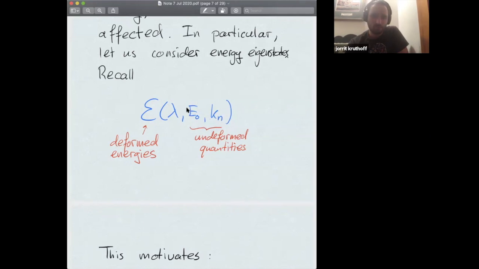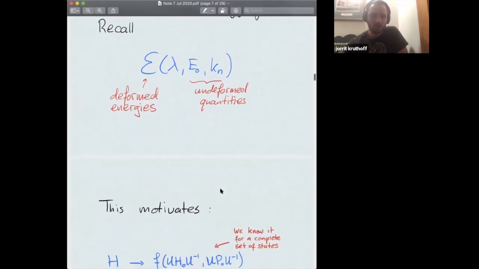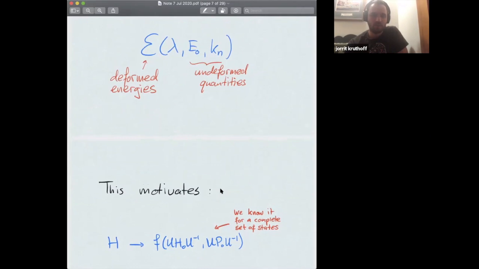The fact that these undeformed quantities appear in the deformed energy levels in the simple way I showed before actually motivates the following statement: that the Hamiltonian of the deformed theory, which is what I wrote on the left-hand side, gets mapped to a function of the original Hamiltonian and original momentum operator, but conjugated by some unitary operator U.